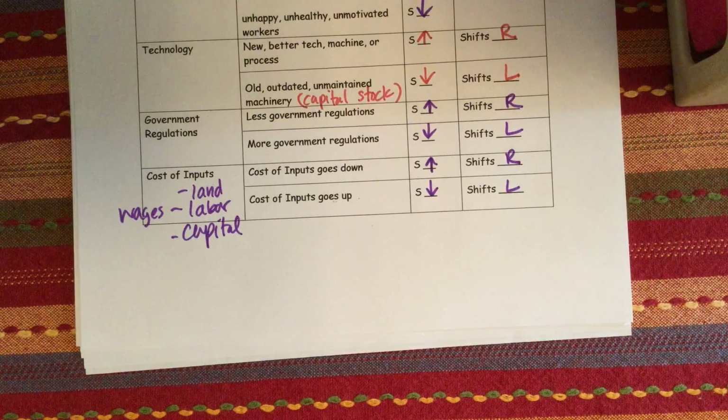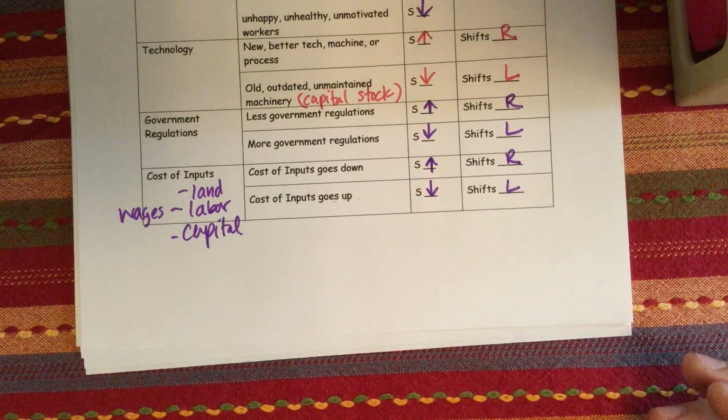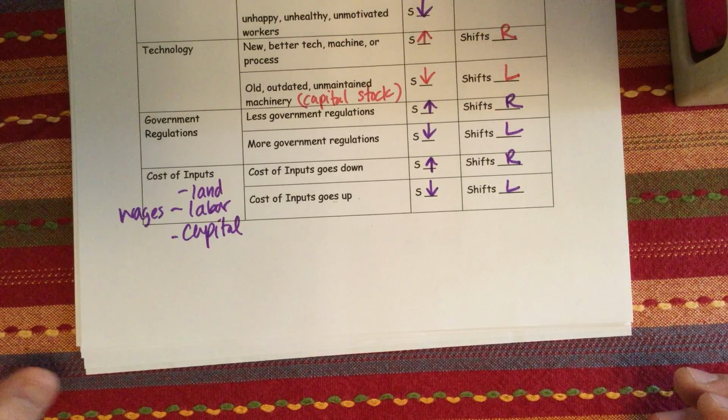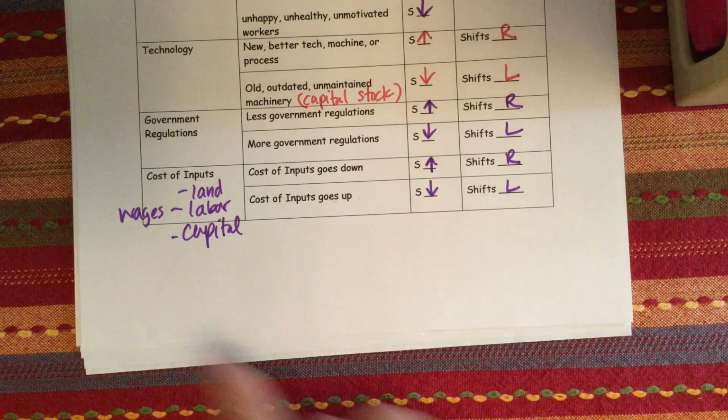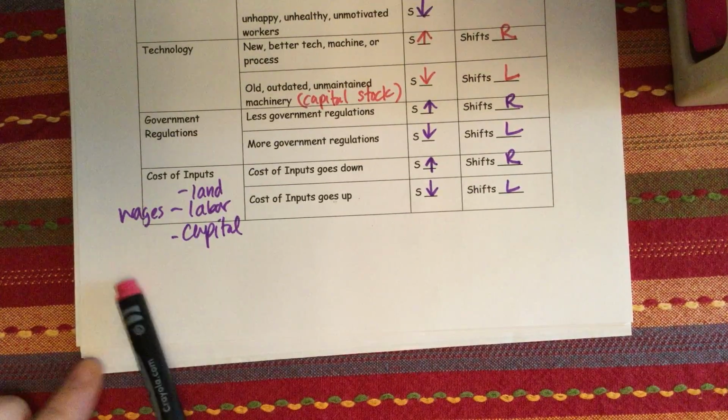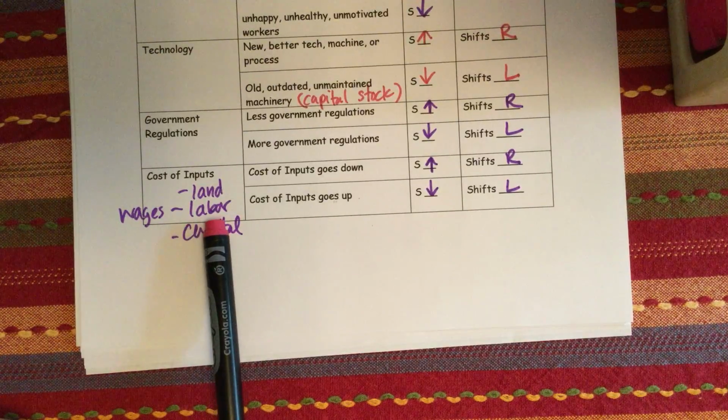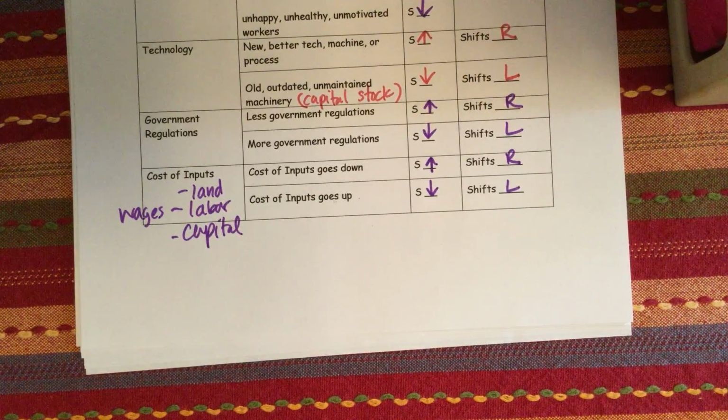Most of the time, businesses are on a budget, monthly, annually, however they budget for their production. And so when it comes to wages, let's say, for example, that if our minimum wage goes up, I have to pay my workers more. Maybe I could afford to pay 5 workers.